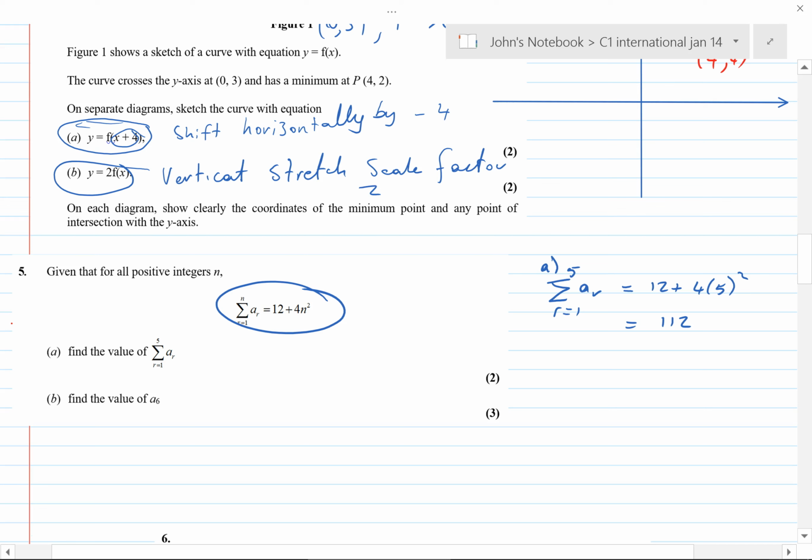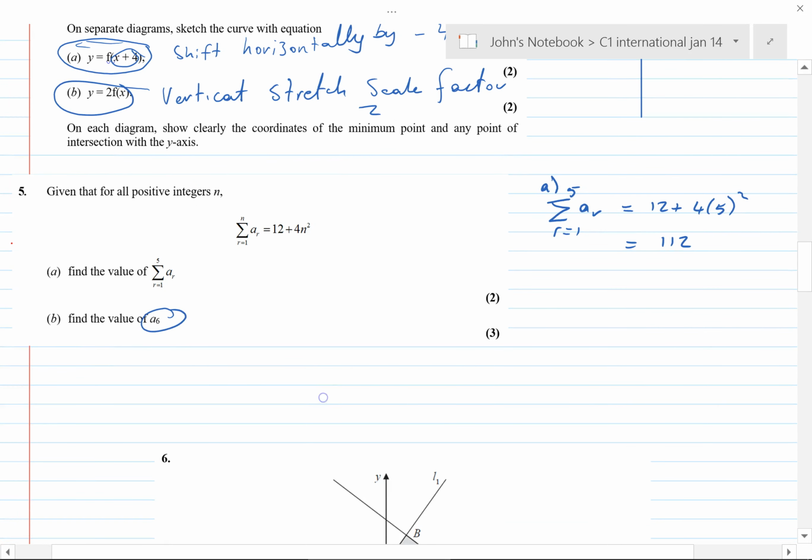Okay, so if we've got the idea of what this formula does, and it actually gives us the sum of them, not the actual individual terms, then we have a better chance of answering this, because if we want to find the individual terms, we find the difference in the sums. So A6 will be the sum to 6 terms of AR minus the sum to 5 terms of AR, because both of these are the same, except this one has one extra term, and that extra term is A6, which is what we want.